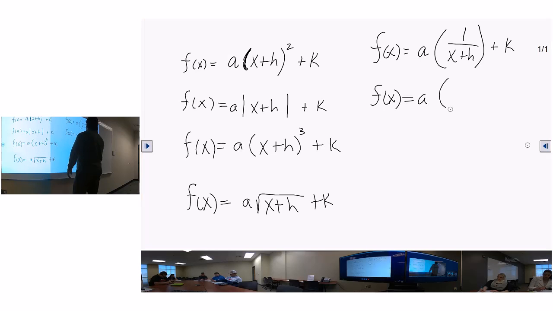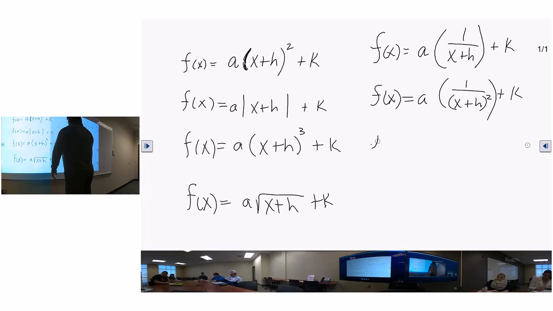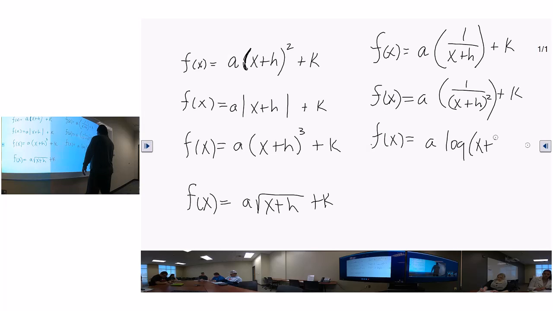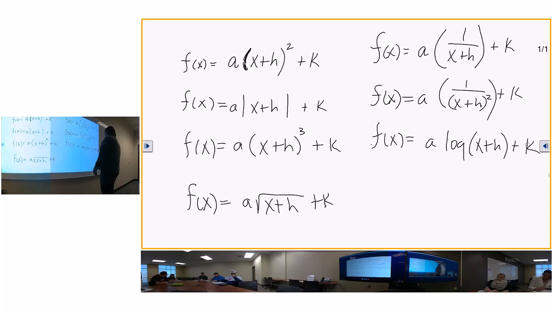A times 1 over x plus h, quantity squared, plus k. F of x is equal to a log of x plus h, plus k. And I might have left out 1 or 2.